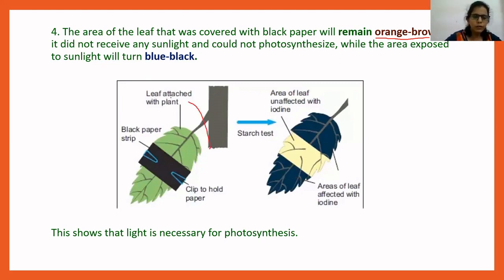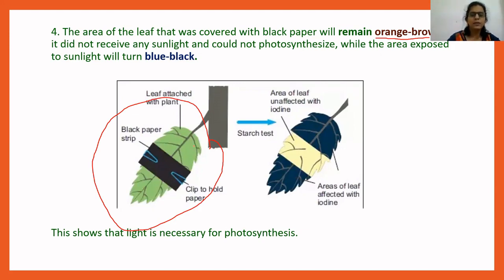Now if you observe your experimental leaf here, the center part was covered with the black paper. So this part did not receive any sunlight, isn't it? But the other two parts, the side parts of the leaf, were exposed to the sunlight.